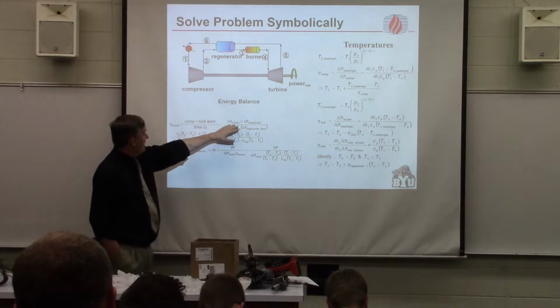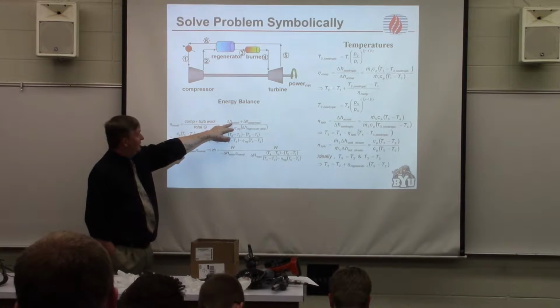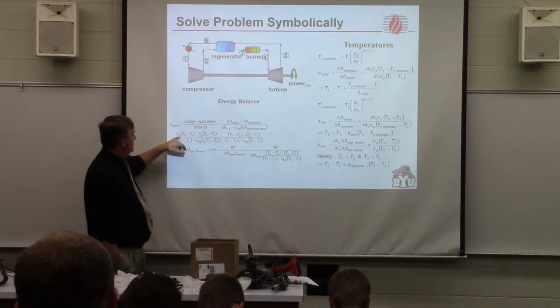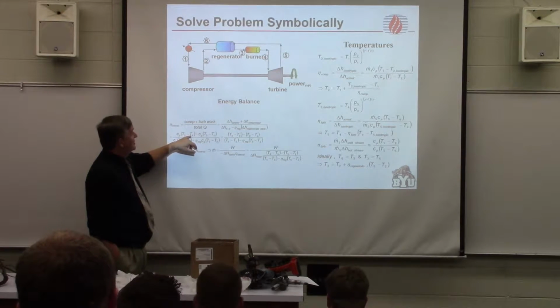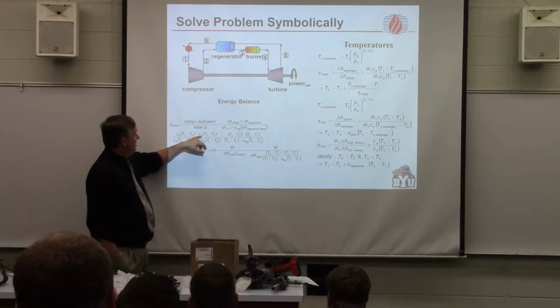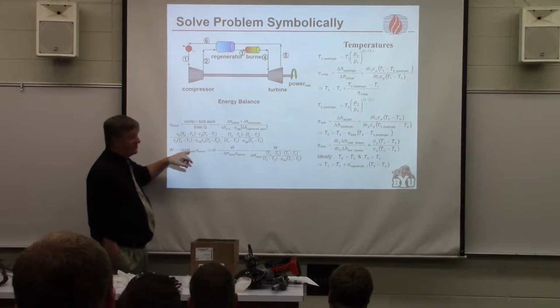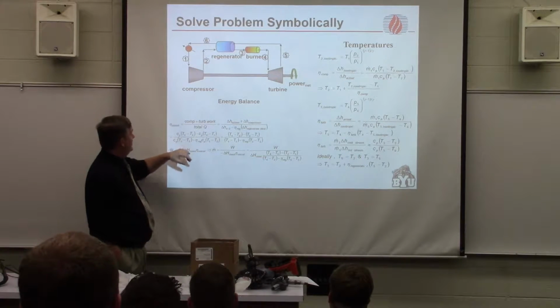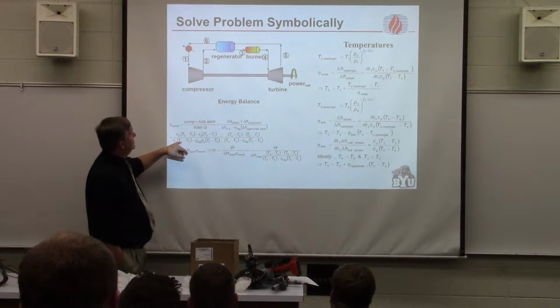If you do this calculation, the enthalpy change through the turbine is going to be C sub P times the difference in the temperatures across the turbine. For the compressor, it's C sub P times the difference in temperatures over there. The total amount of heat that you put into the system is C sub P times the difference in the temperatures of T4 and T2.